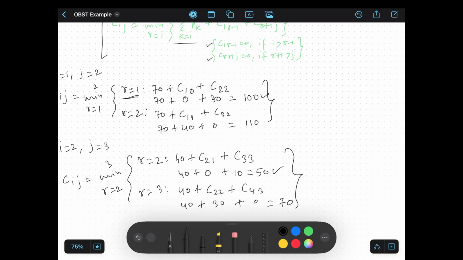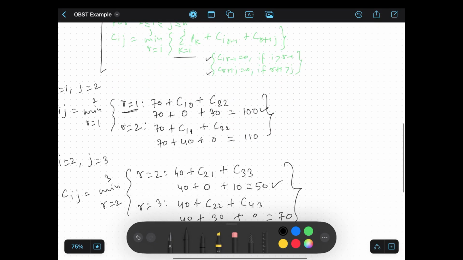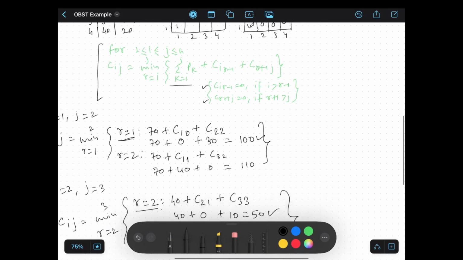So cost of 2, 3 is the minimum of these, which is 50. So we are going to put 50 in cell 2, 3. And because we chose r is equal to 2, the root item is 2. So 2, 3 is 2. Okay.